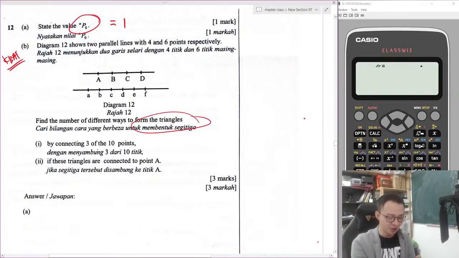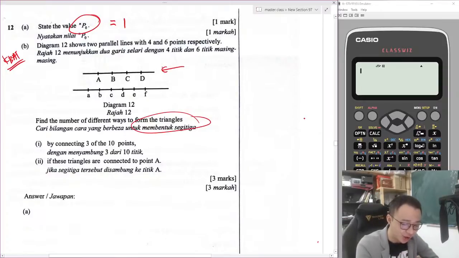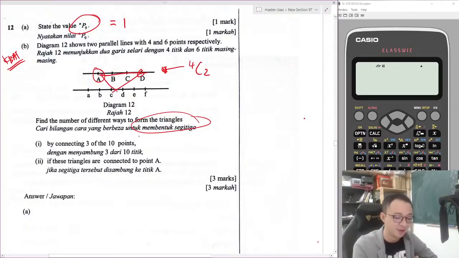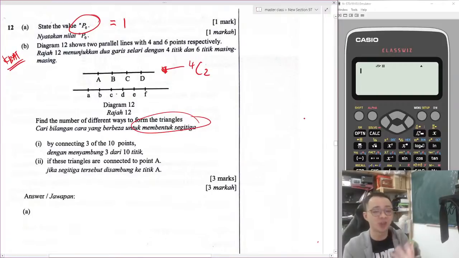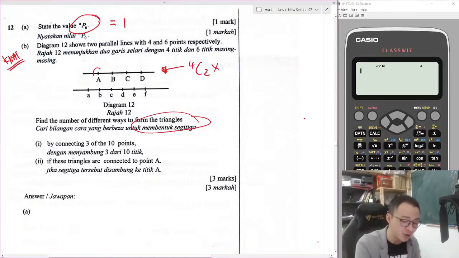So by connecting 3 of the 10 points, if on the top I want to choose 2 points randomly from the 4 points, I can choose this one and this one to form the triangle, or this one and this one. You get the idea? From 4 points, I randomly choose 2 on the top, multiply, and at the bottom I can only choose 1 point from 6 points.